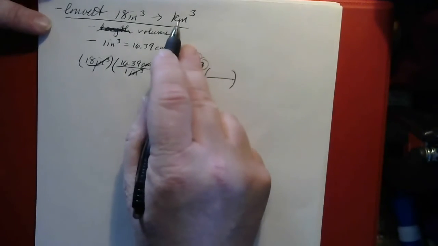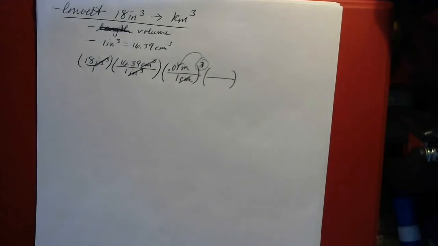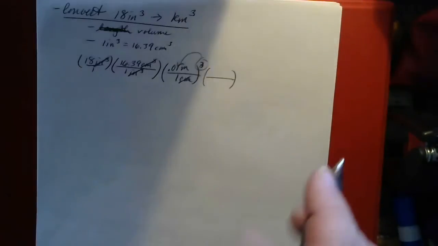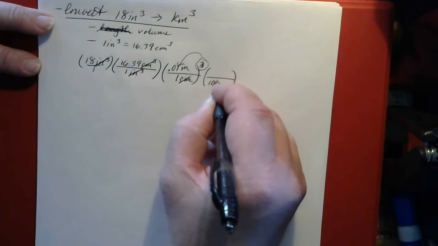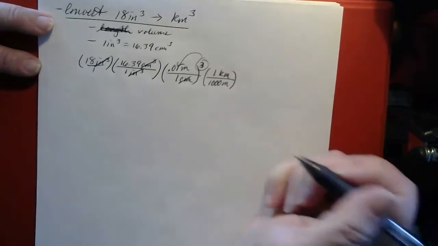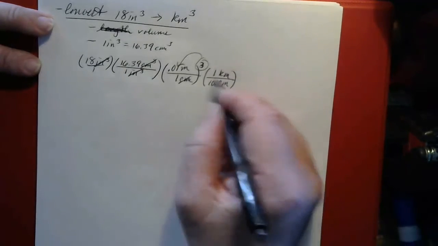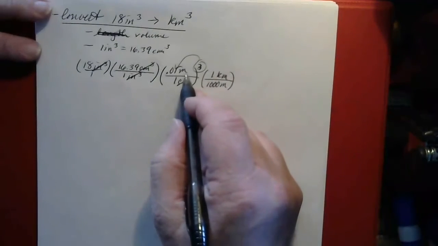And we can go easily to cubic kilometers, just again by using the metric prefix. Kilo means 1,000 of something. So 1 kilometer is 1,000 meters. We want meters on the bottom, of course, so that it will cancel out with meters here.